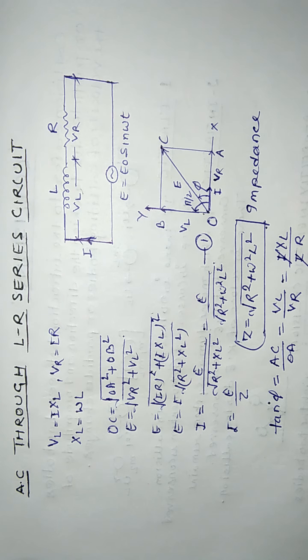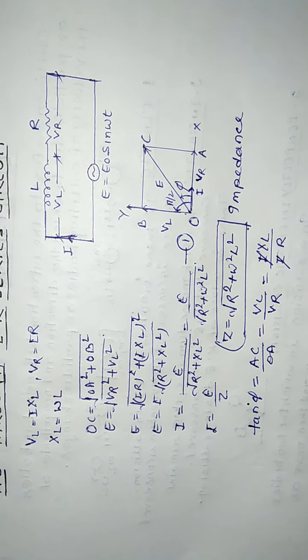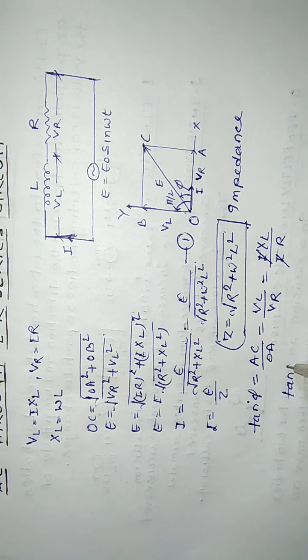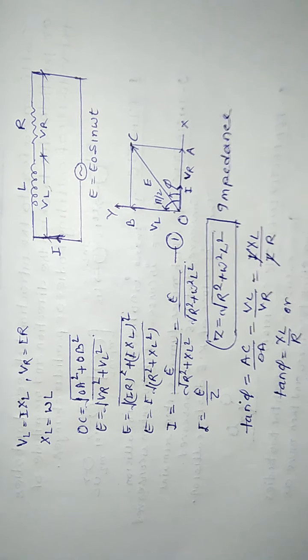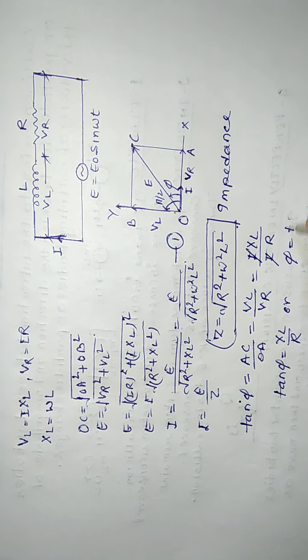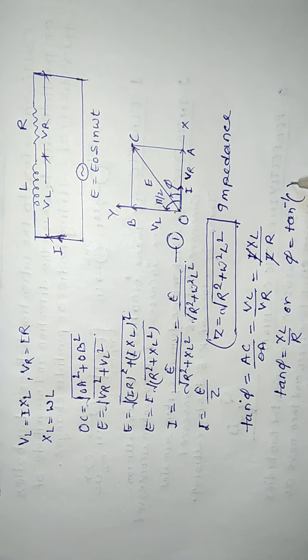So the value of tan phi is equal to XL upon R, or phi is equal to tan inverse XL upon R.